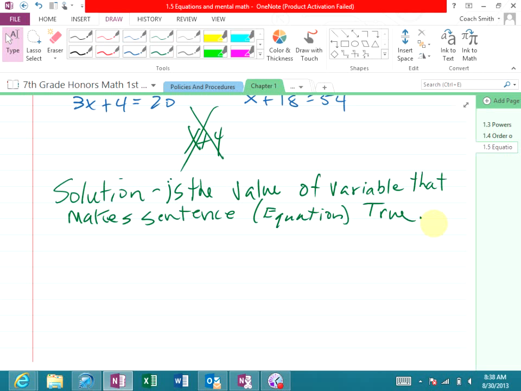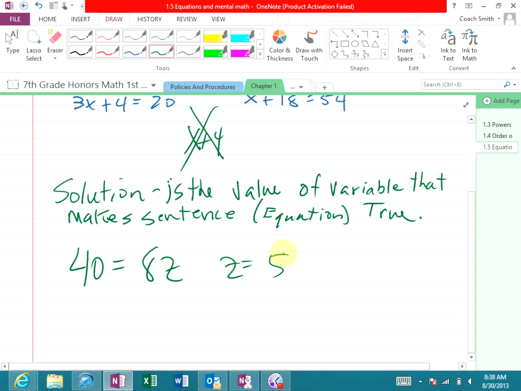I want to make sure I give you the right one. Let's say 40 is equal to 8z. And they say z is equal to 5. So what they want to know is, is this the solution to 8z equal 40 or 40 equal 8z?